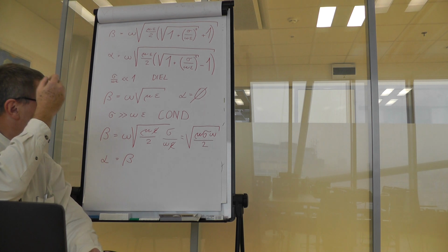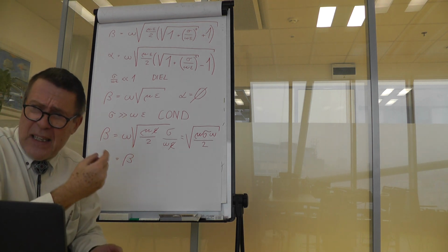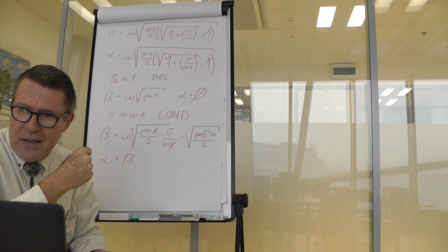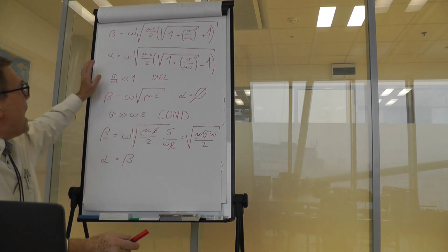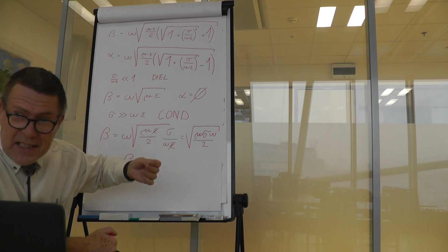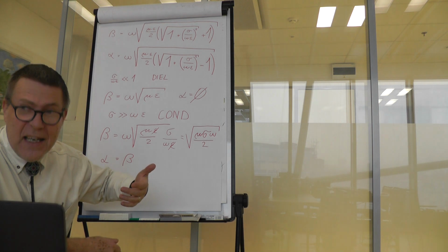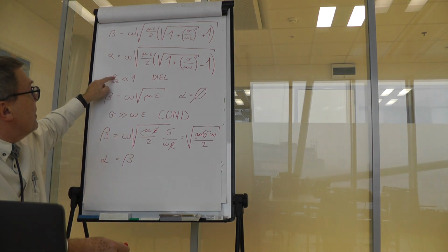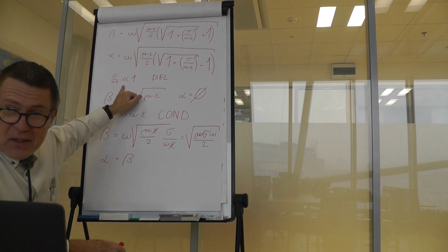But from the standpoint of an electromagnetic wave, this is not perfect. Well, we have dielectrics, and a dielectric is a material that behaves like a dielectric if and only if the conduction current is much smaller than displacement current.